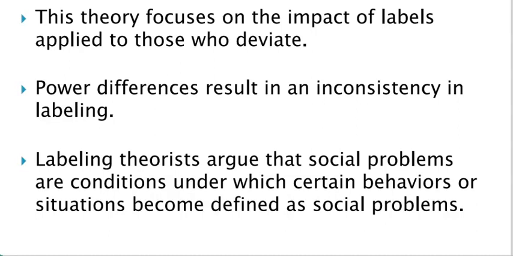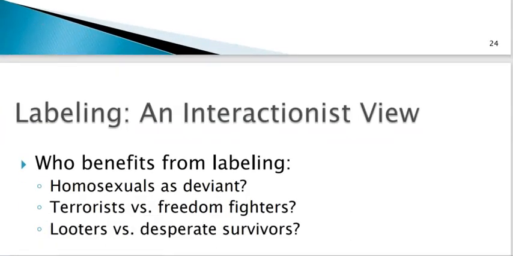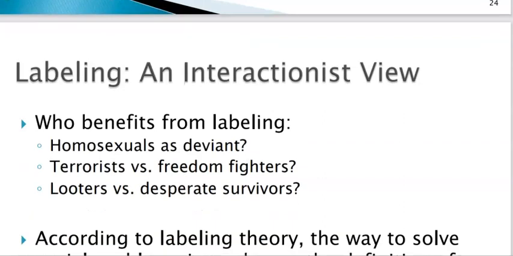So labeling theorists argue that social problems are conditions under which certain behaviors or situations become defined as social problems, which is why labeling our clients is so dangerous and not beneficial. So labeling, you can look at the media and see how people are labeled.